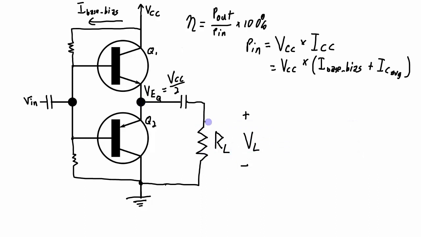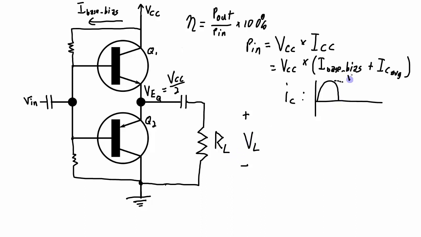And when looking at the load, if we remove that DC offset, we're looking at a swing from 0 up to VCC over 2. So if I was drawing out that IC as a varying voltage over time, it's going to be swinging like this from 0 up to, and this maximum is going to be the maximum voltage across the load divided by the load.